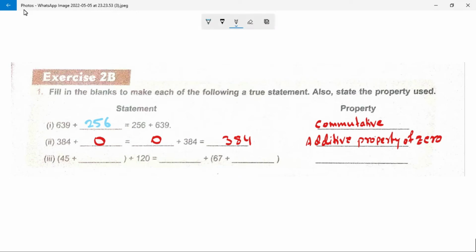Now in number 3, 45 plus, here will be 67, okay, plus 120 equals 45 plus 67, here will be 120. Now what is the property name? It is the associative property.